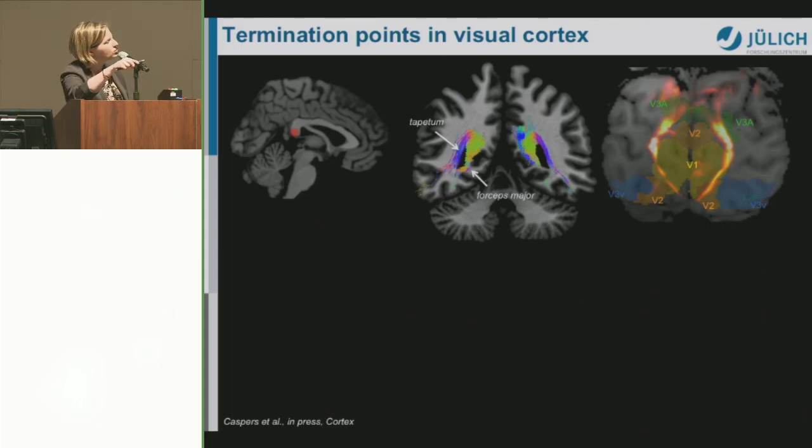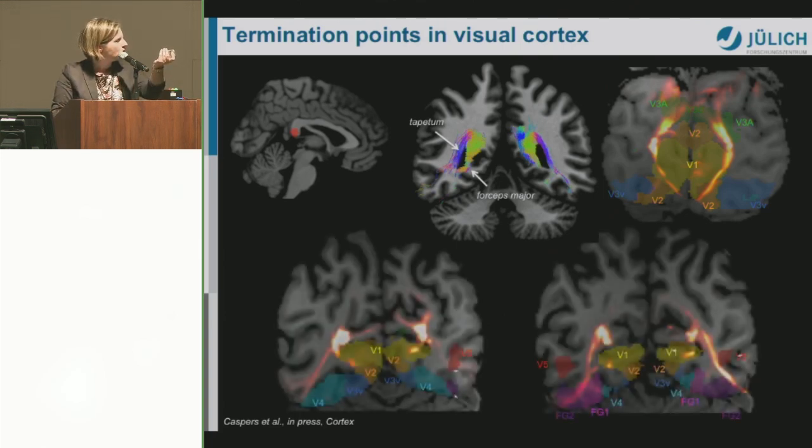Here in different colors you see the different visual areas, and in yellow to orange you see the fibers coming into the cortex. For example, at the transition from area V1 to area V2, we have these endings of the transcallosal fibers. And the same is true for higher visual areas.